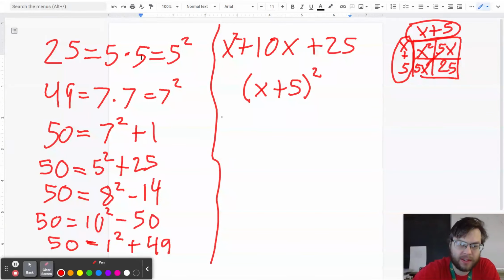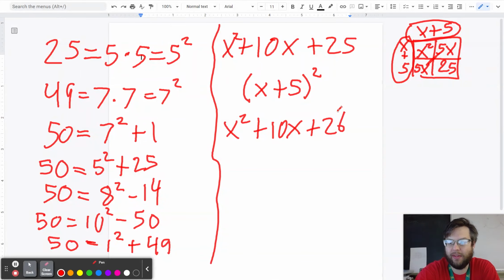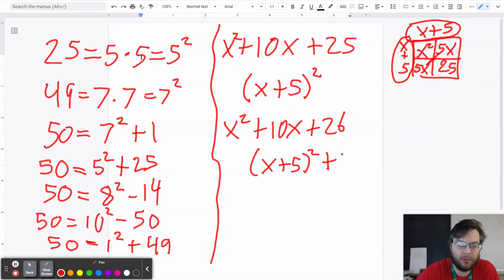But what if I had instead x squared plus 10x plus 26? I can't write that as x plus 5 squared, but I can write it as x plus 5 squared plus 1. Why is there a plus 1? Because I needed one more to get to 26. 5 squared is 25.